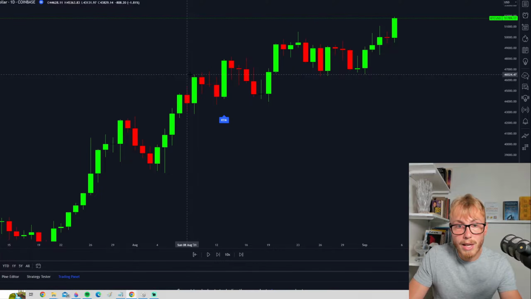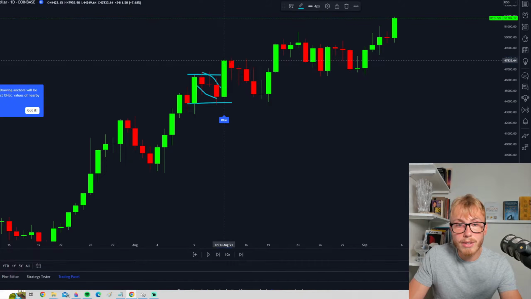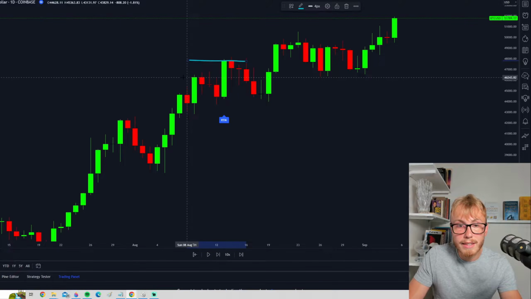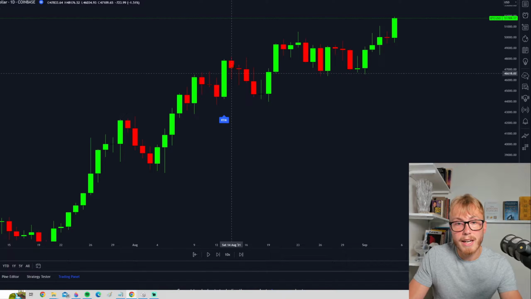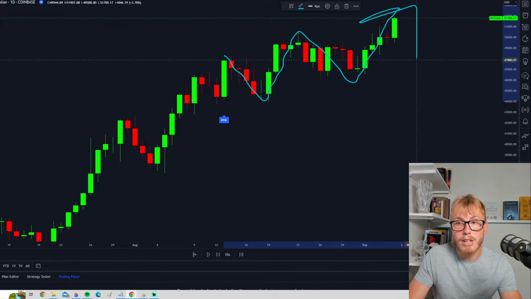After this, we have 3 red candles that are trading within the green candle. You can see all of these 3 red candles are trading within. Then we have the final green candle that clearly closes above the first candle of the pattern, and this is where our rising three methods is confirmed.